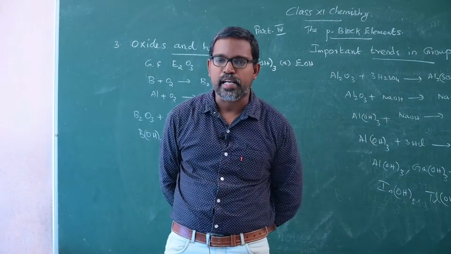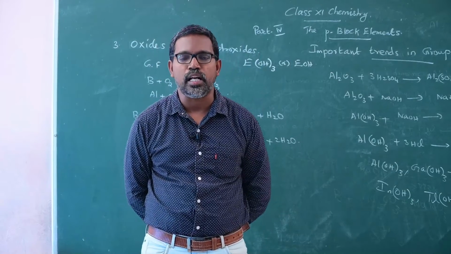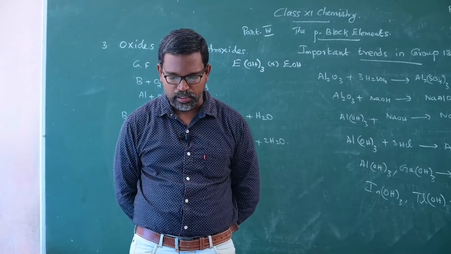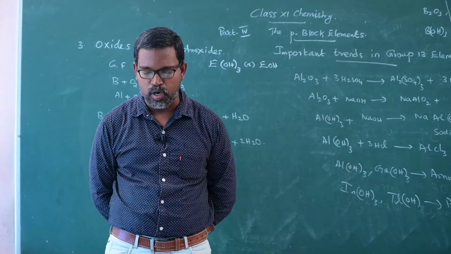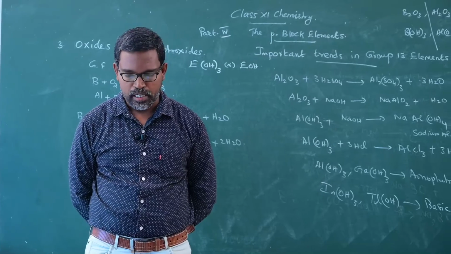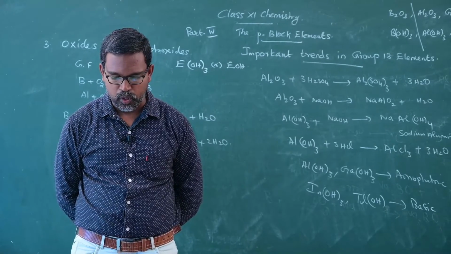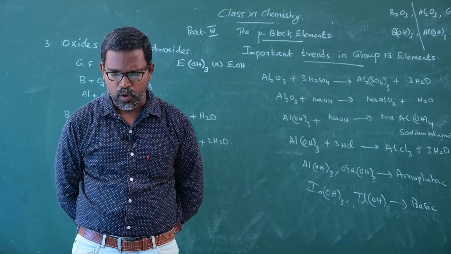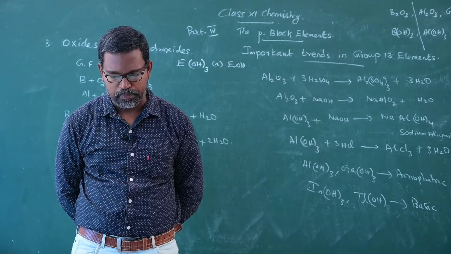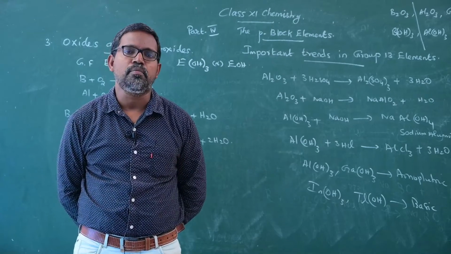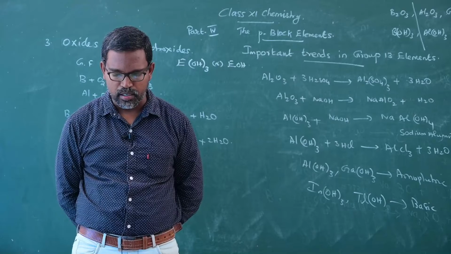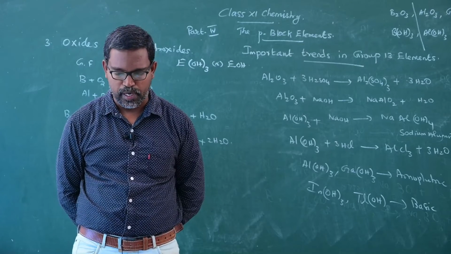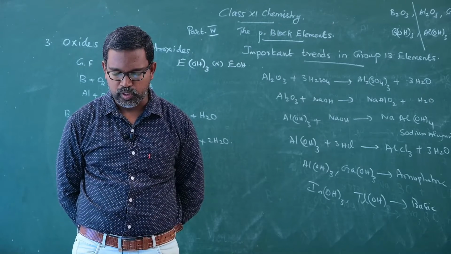The hydroxides are generally obtained by dissolving the oxides of the element in water. Boron oxide does not react with water, even in the form of steam. The basic character of oxides and hydroxides increases from aluminium to thallium.